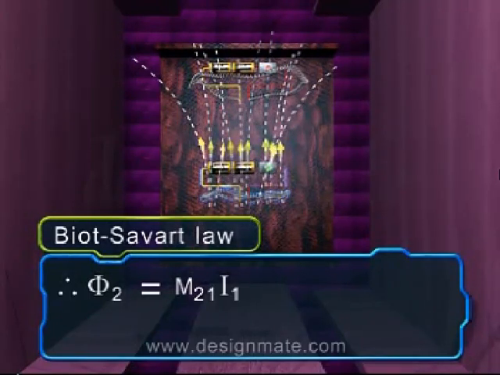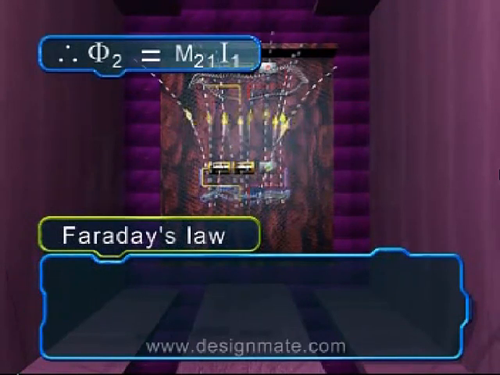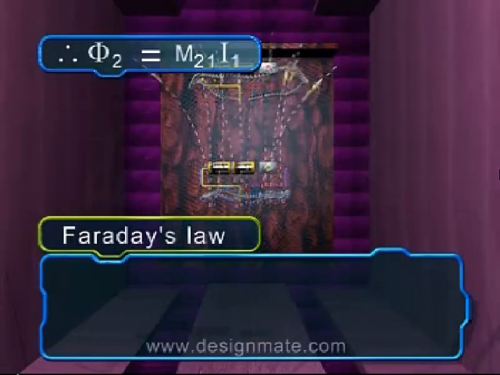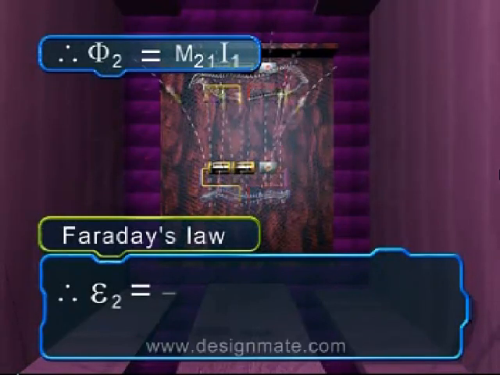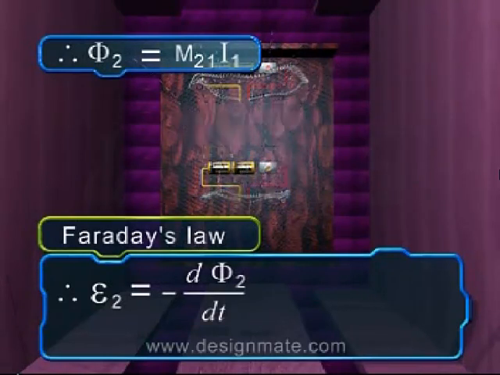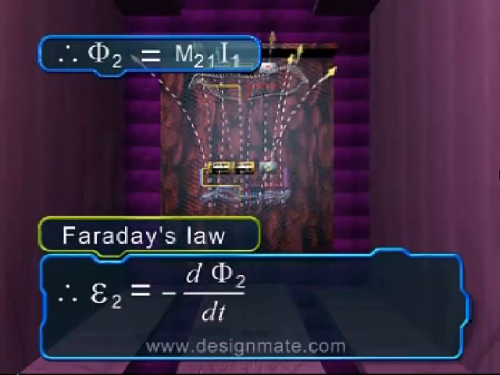When the current I1 in the first coil changes, there will be a corresponding change in the flux Phi2 linked with the other coil. From Faraday's law, it follows that an induced EMF will be produced in coil 2, which is given by epsilon 2 equals minus d Phi2 upon dt.